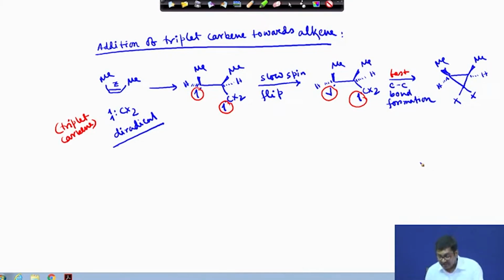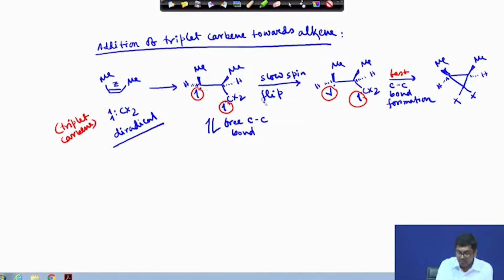But the interesting thing is that, as this goes through these steps, there is enough time for this particular intermediate to proceed through free carbon-carbon bond rotation.